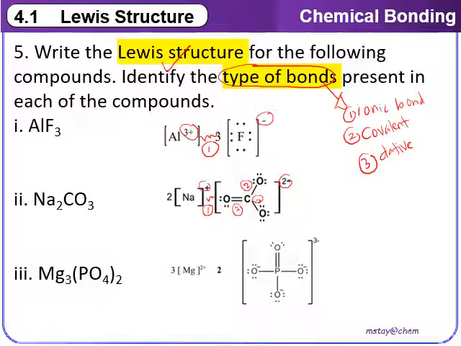The same case happens here as well. The attraction between Mg2 plus and PO4 3 negative is known as ionic bond. The bonding between phosphorus and oxygen here is covalent single, covalent single, covalent single. And the last bond here, phosphorus with the oxygen, is considered a covalent double bond.